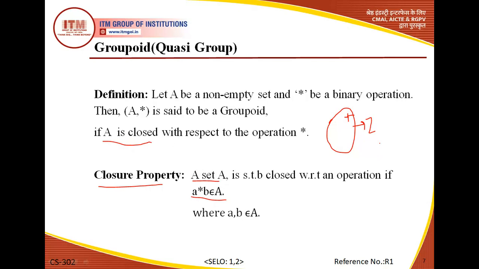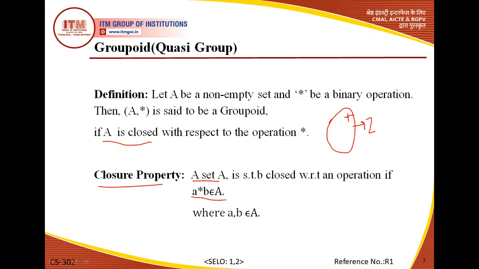So what is the definition of groupoid? You should have a non-empty set first of all. Then you should have a binary operation. If the set A is closed under that particular binary operation, then the set with the binary operation is known as the groupoid.